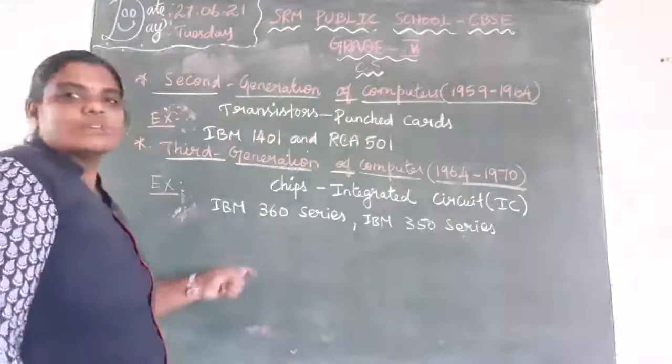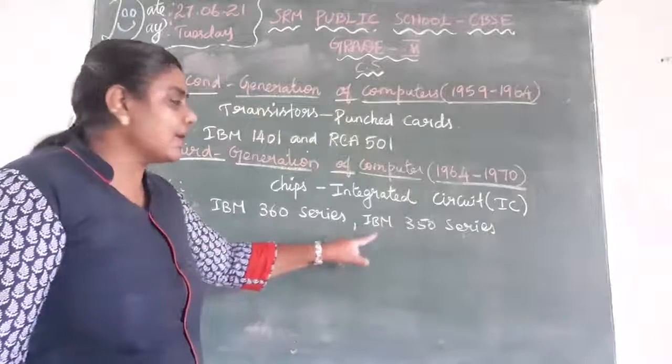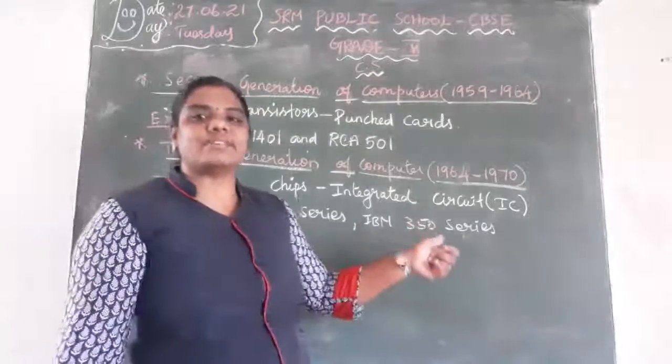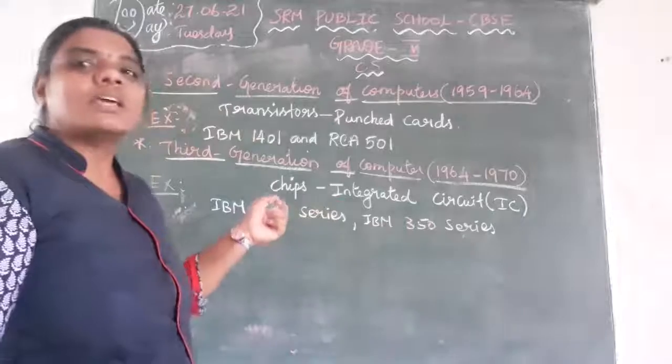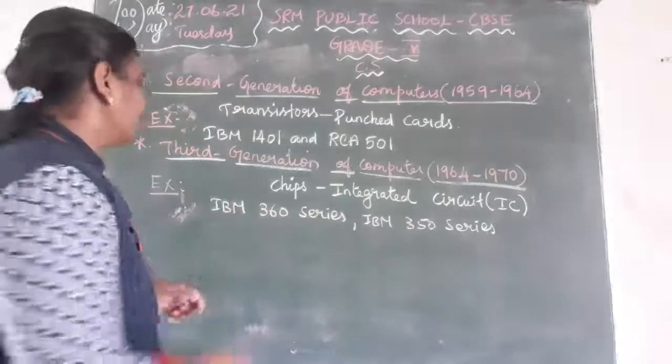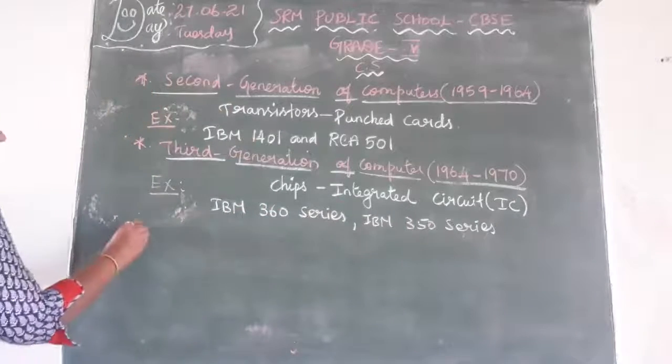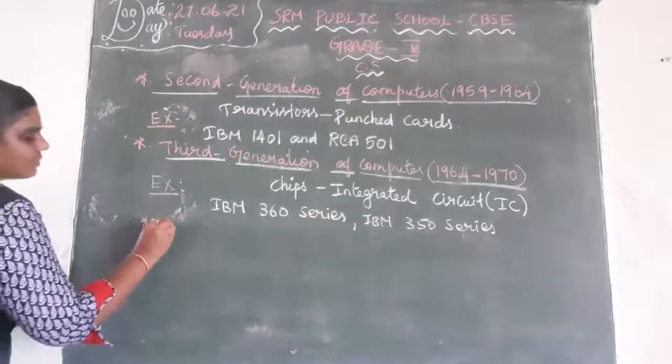Okay. So IBM 360 and IBM 350 series are the examples for third generation computers. Understand? Next one, fourth generation computers.